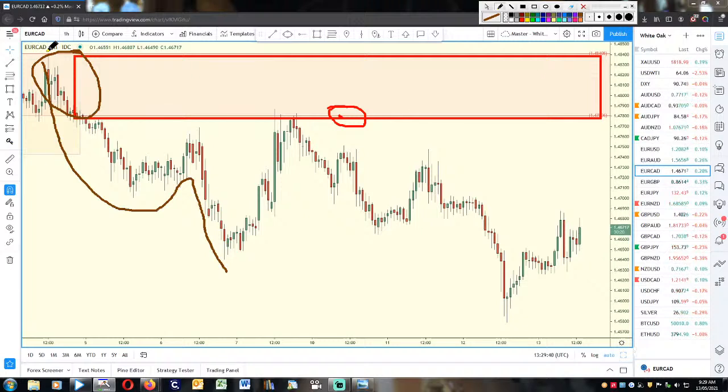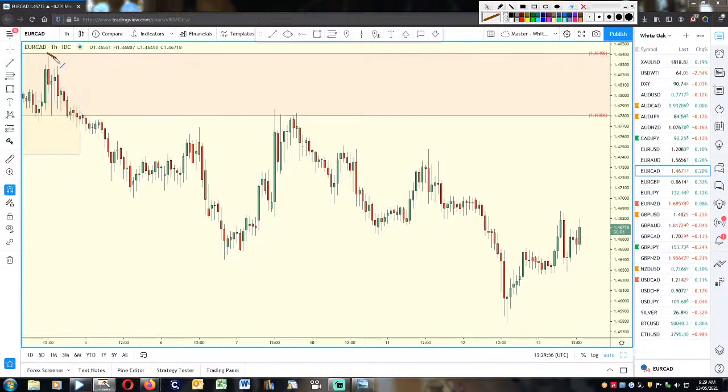And it was obviously with the intentions of reversing price back up to the area of supply to fill that supply and cause price to go lower. So what happened here is if you take a trend line and do that, we have price coming down like this.